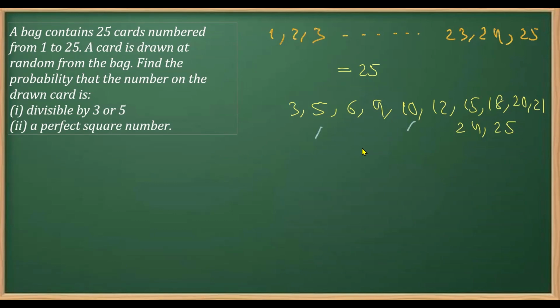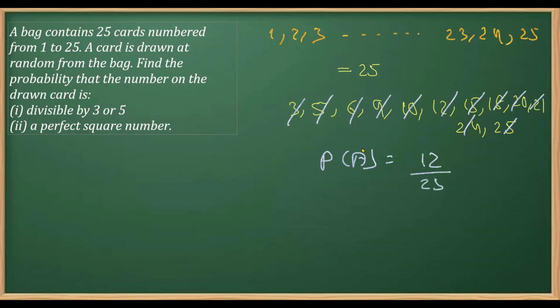So anyway, this is easy to get even if you write it out. Counting 1, 2, 3, 4, 5, 6, 7, 8, 9, 10, 11, 12, the required probability is 12 favorable out of 25 total. So this is the answer.